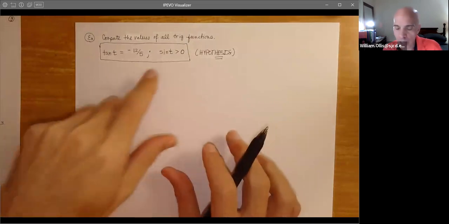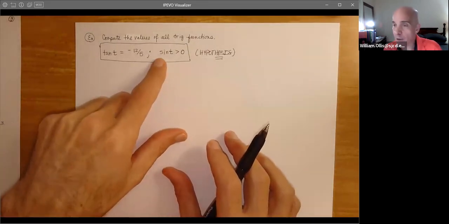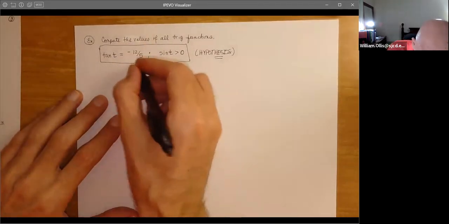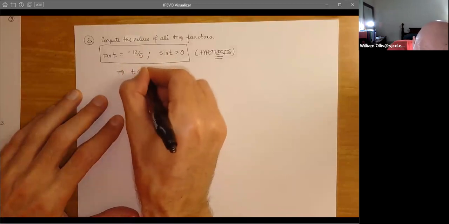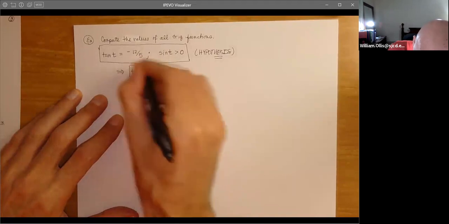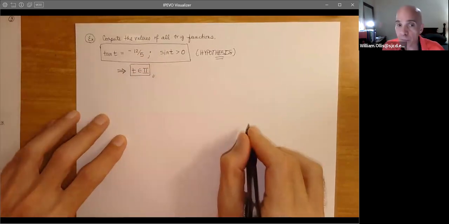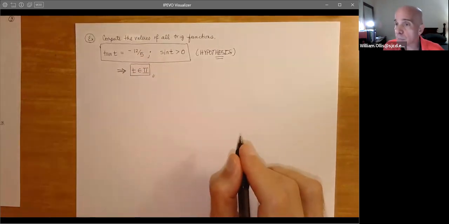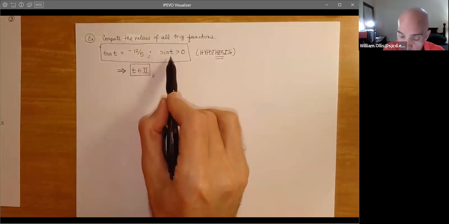Okay, so if sine t is positive, that means the y value is positive, so that forces us to be in the second quadrant. So this implies, by hypothesis, that t terminates in the second quadrant. And always use element of, just to be very clear about this. This is my notation, and it's very effective. We need to know where t lives, okay? So again, just using the arithmetic of the unit circle.